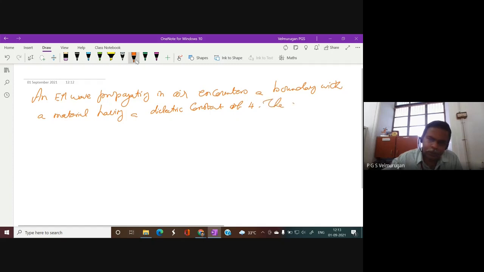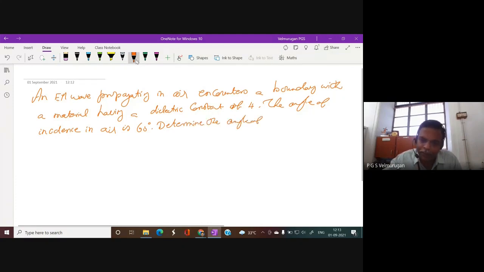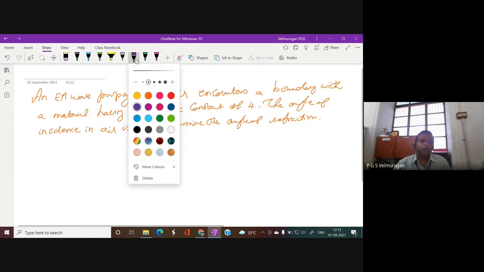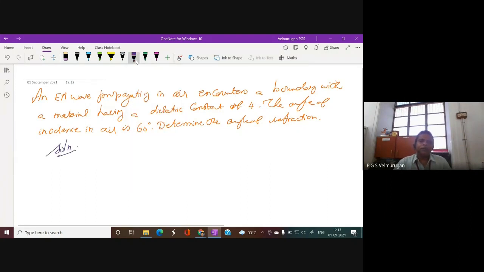The angle of incidence in air is 60 degrees. Determine the angle of refraction. So this is the problem statement given to you. We have to find the angle of refraction only, that is theta t.